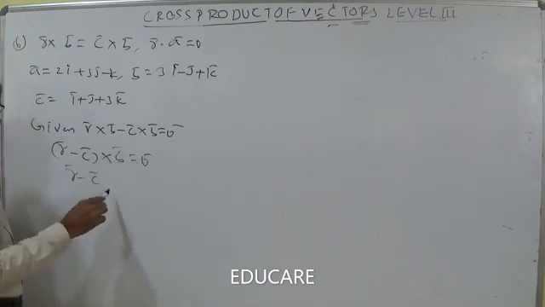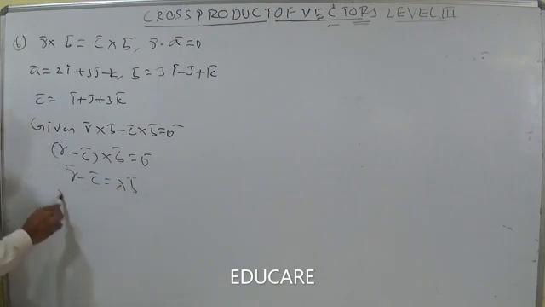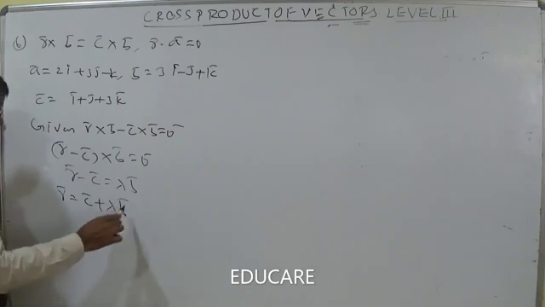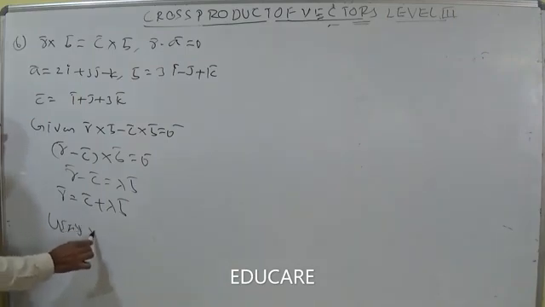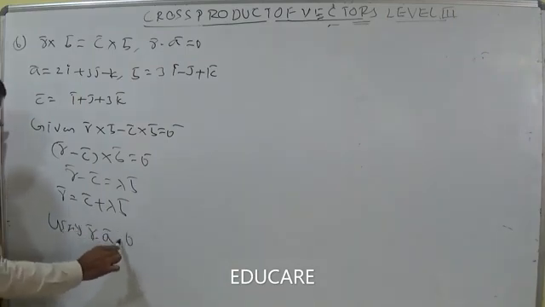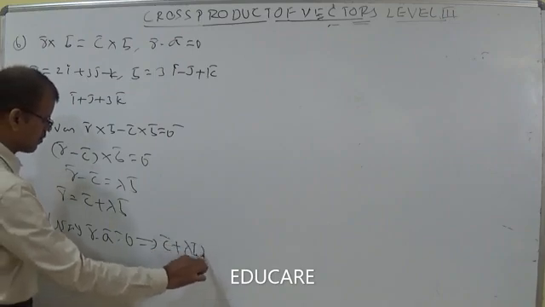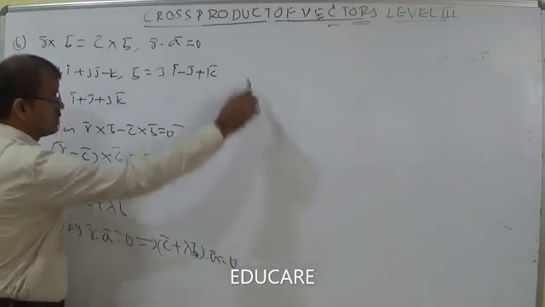Then R bar minus C bar is equal to lambda B, because they are parallel. Then R bar is equal to C bar plus lambda B bar. Using R bar dot A bar equal to 0, you can write (C bar plus lambda B bar) dot A bar equal to 0.